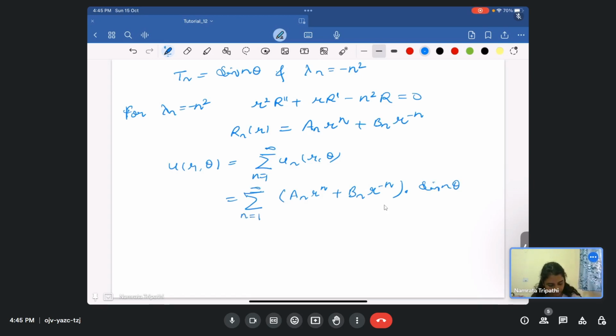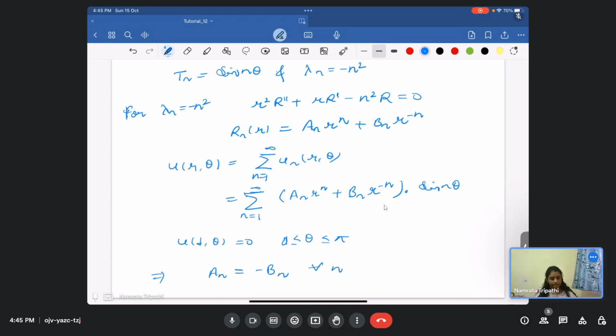Okay, so after applying the boundary condition u(1, θ) is 0 for θ from 0 to π, you can check, we will get (An plus Bn) sin nθ equals 0. That means An is equal to minus Bn.